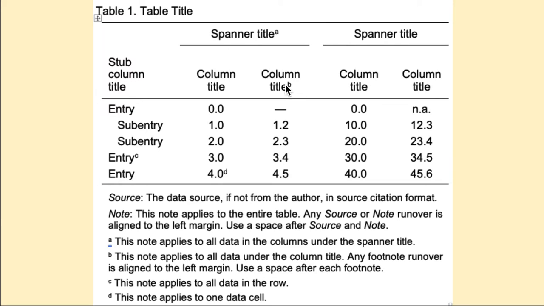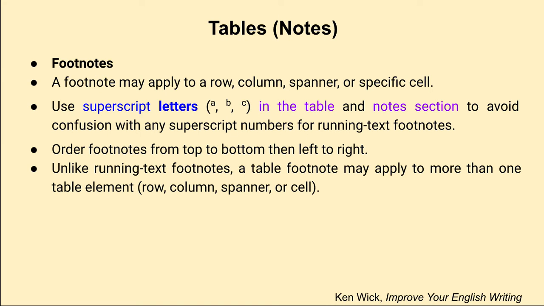But if this footnote B applied to this fourth column over here, you would write a B over here. Wherever it applies, you can use the footnote. It could apply to the column or maybe to a row. So the footnotes can be reused or applied to more than one table element.